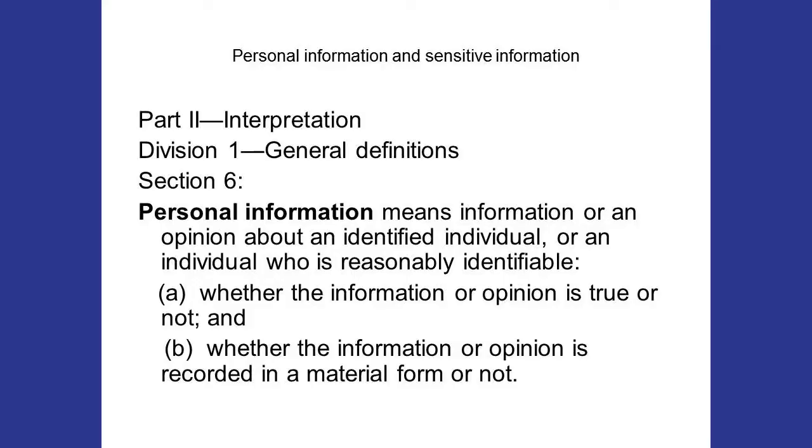Now, it also discusses different types of information, and it treats information differently depending on whether it's personal information or sensitive information. So personal information means information or opinion about an identified individual who is reasonably identifiable, whether the information or opinion is true or not, and whether the information or opinion is recorded in a material form or not.